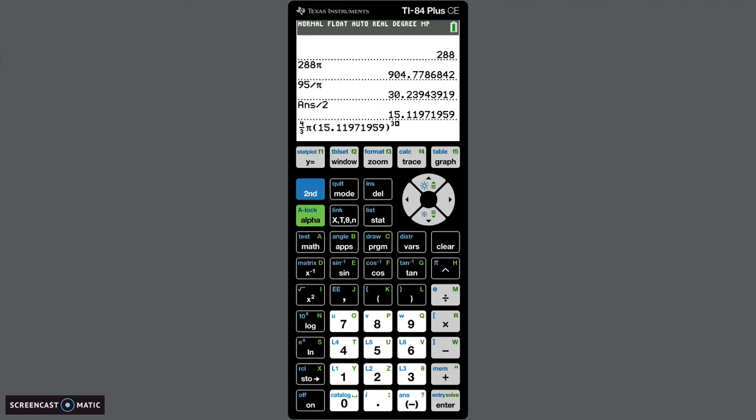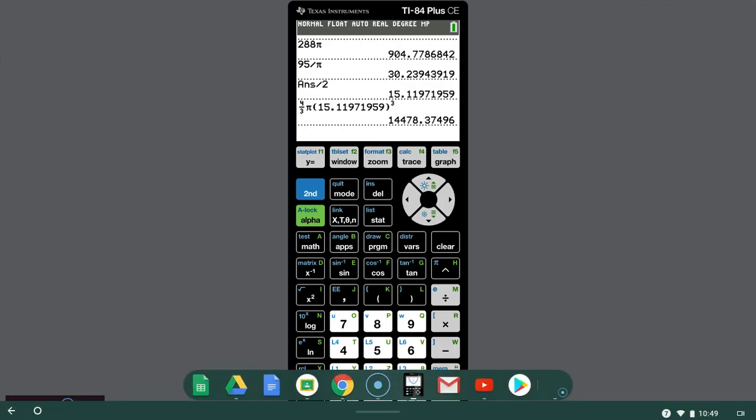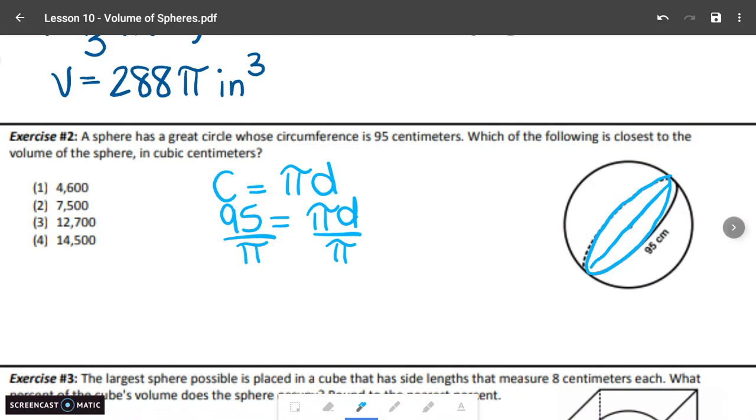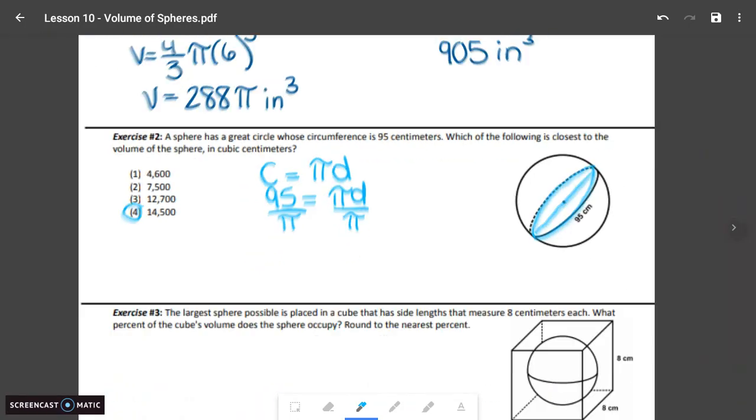So again, I love to let my calculator do the work for me. I don't have to retype this. I don't want to round too soon, so I'm just going to plug it in like this. And then we're going to pick the one that is closest to 14,478. Choice 4. Okay, but don't be afraid to let the calculator do the work for you there. That's totally fine.